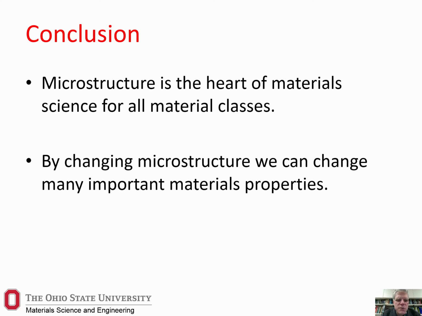Most of my examples here were metallurgical, and by changing microstructure we can change all kinds of properties, and this is what metallurgists do, and this is what nature has done for a long time. Whenever we look at biological structures, there's also a structure there, and that structure leads to the properties that we end up getting. I think that's it, and look forward to seeing you next time.